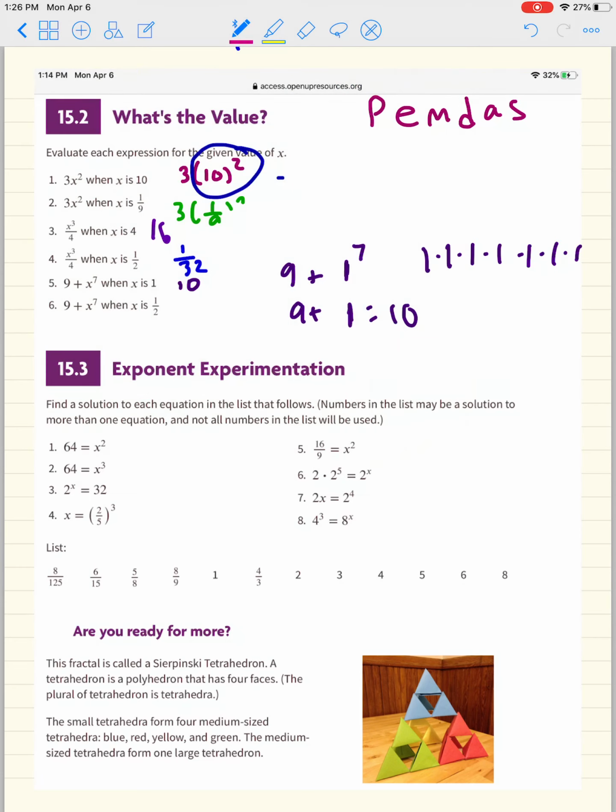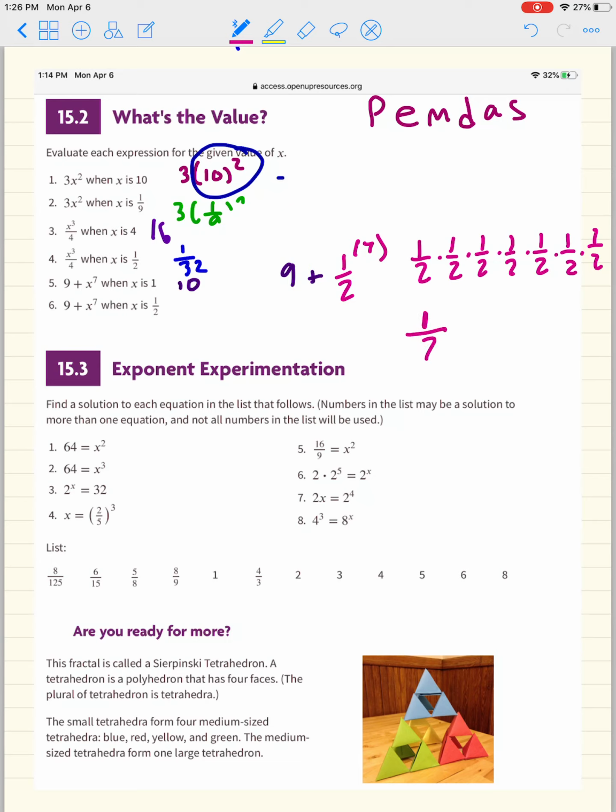Lastly, 9 plus x to the 7th when x is 1/2. So for this one, we're going to have 9 plus 1/2 to the 7th, which is 1/2 times 1/2 times 1/2 times 1/2 times 1/2 times 1/2 times 1/2.